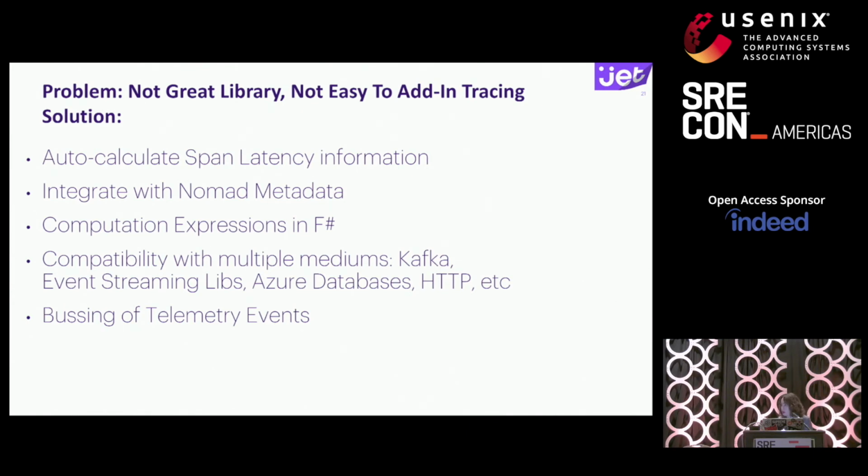So we just did some type magic and some functional programming magic that allowed us to implement sort of a reader monad pattern. The other thing that we did was ship with multiple carriers that people cared about. So we did requirement gathering after we picked the flows we wanted, and we said, okay, what disparate systems do we have to have tracing compatible formats for? That was Kafka, that was event streaming libraries that we make in-house.